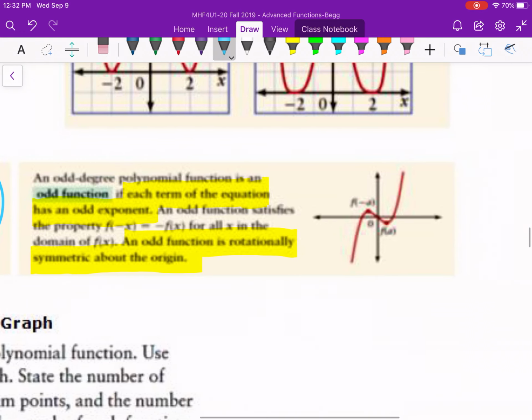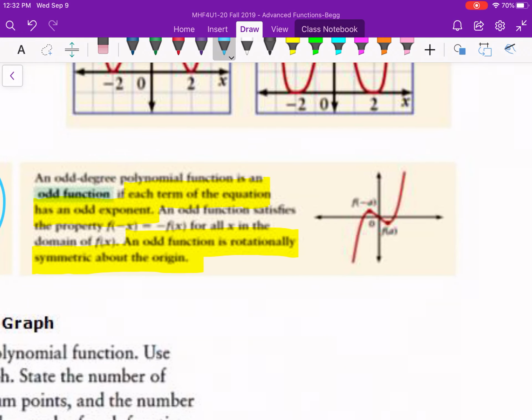So if it's got a line of symmetry, and that line of symmetry is the y-axis, then that's an even function. An odd function is one that, again, you can read what it says here. I'll leave that for now, but just to point out what it looks like: an odd function is one that, if I was to rotate it around the origin 180 degrees, looked exactly the same.